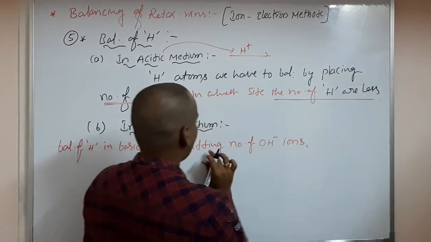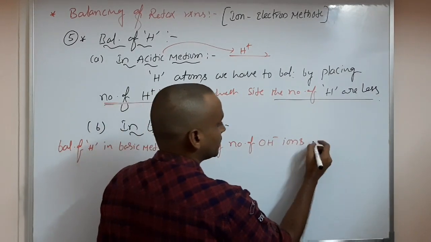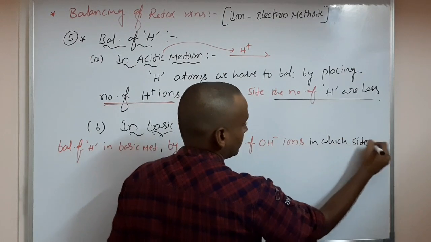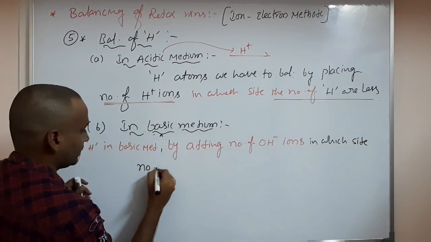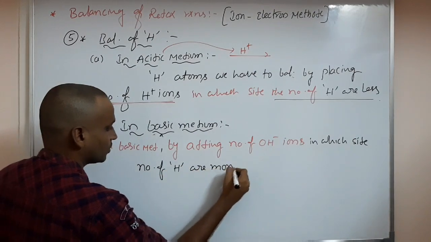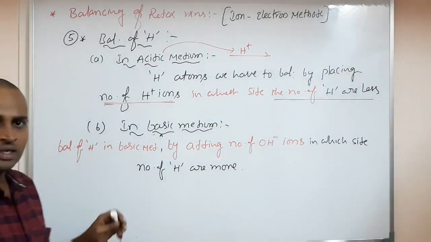Where will we add them? By adding OH minus ions on which side? The side where the number of hydrogens is more. Don't get confused.